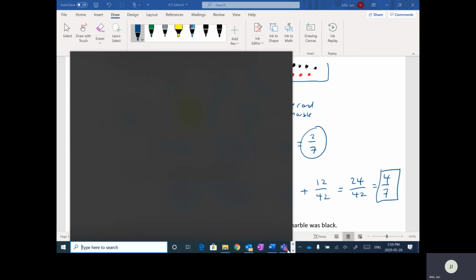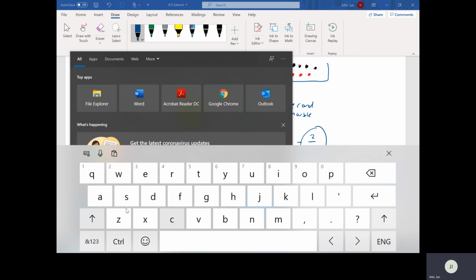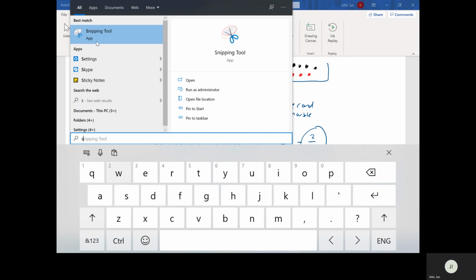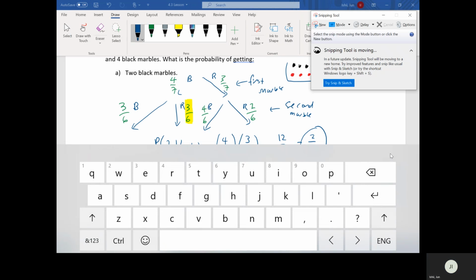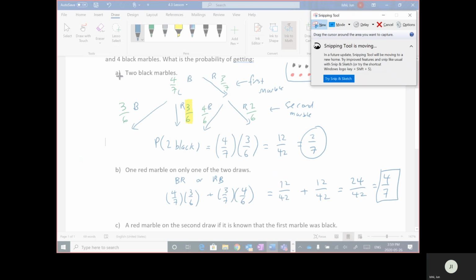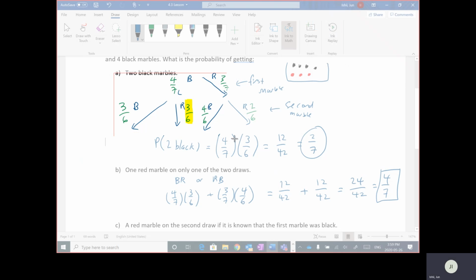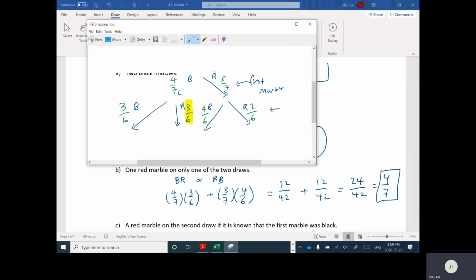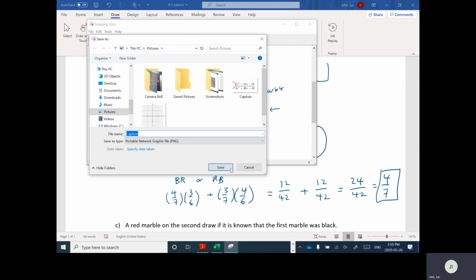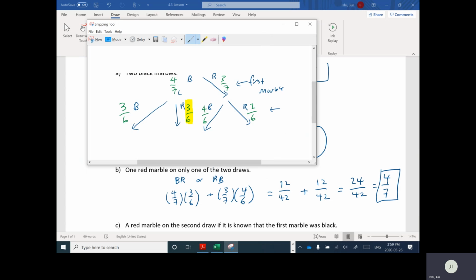Actually, you know what? Let me just snip it, because I want to keep this tree diagram. I feel like maybe I'm doing a little too much work here, but just go with it.